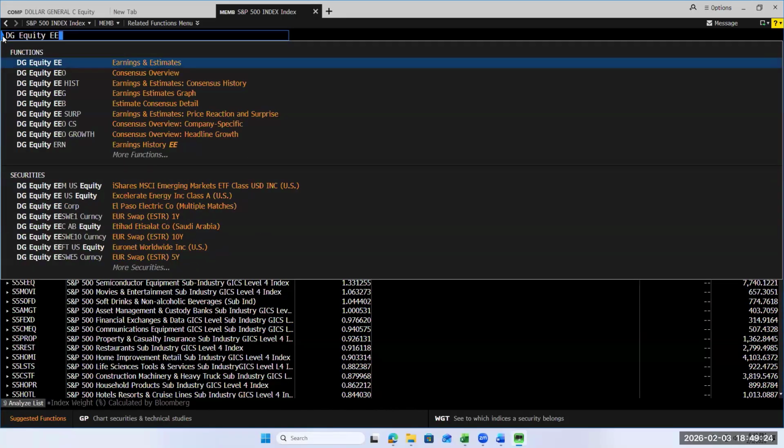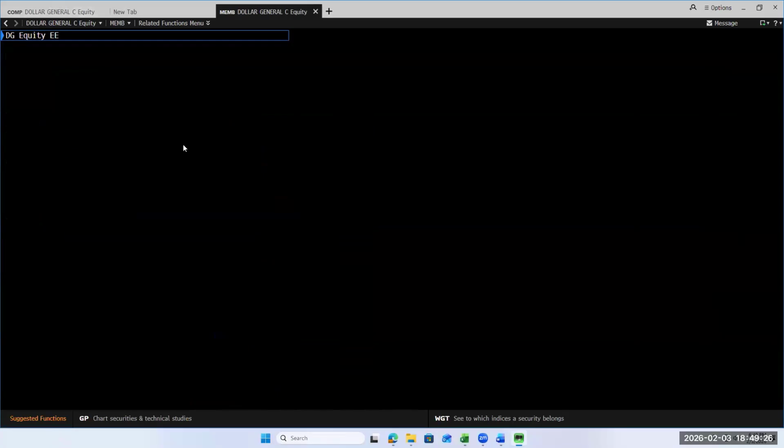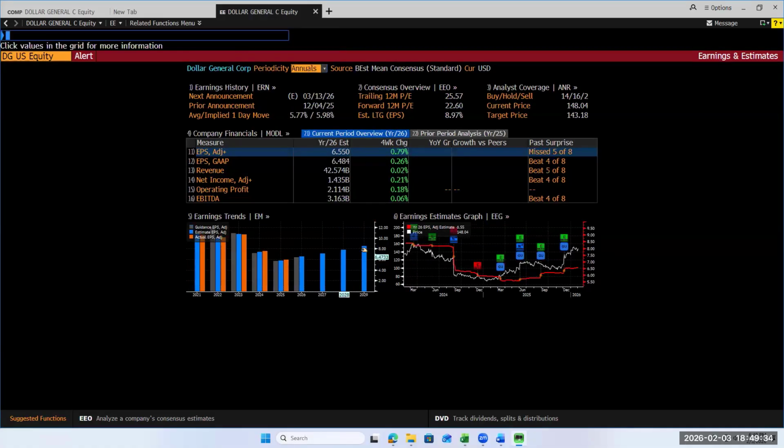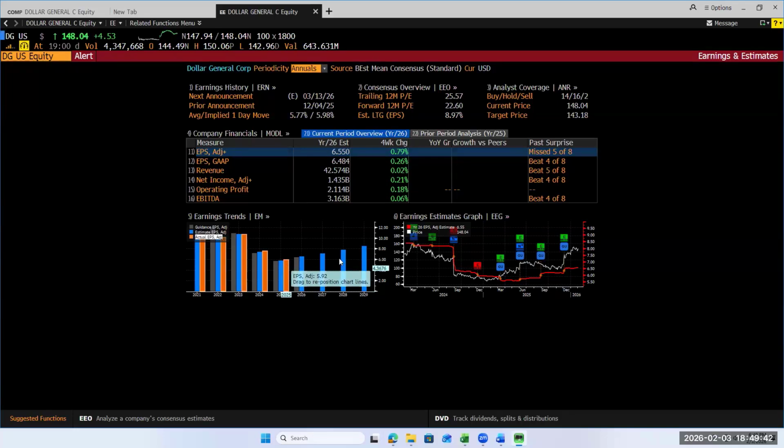I hope you are taking notes here. EE. When you do EE and change it to annual, you can get a forecast of analysts out there, what they think earnings growth is going to be. You can see that big drop in earnings that you saw in their numbers. But here you can see they were at 592 and analysts are expecting 851, pretty strong growth.